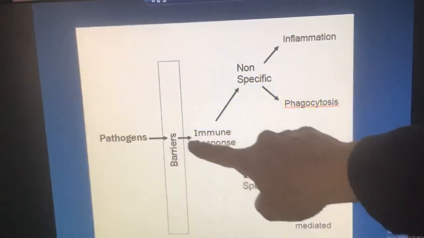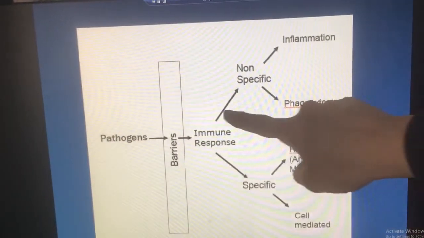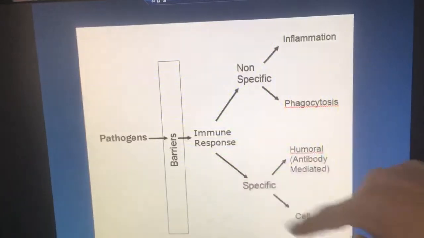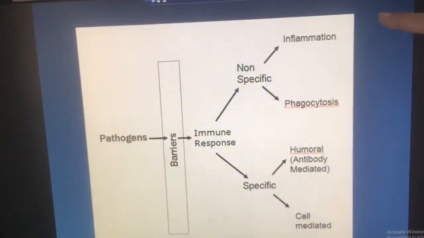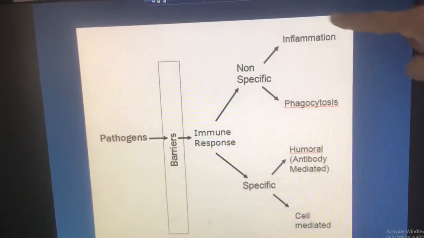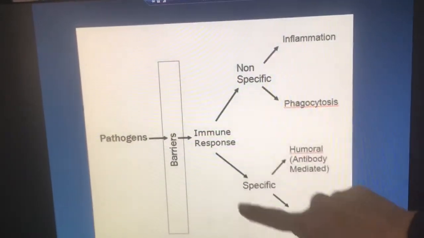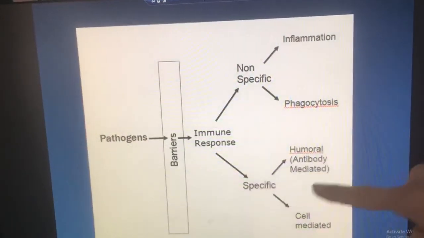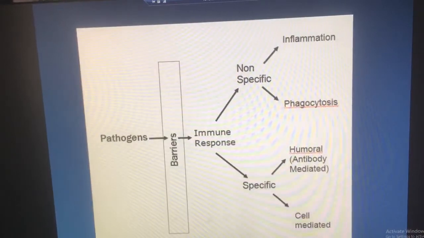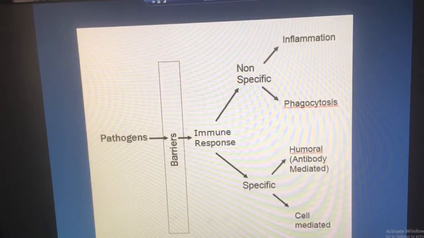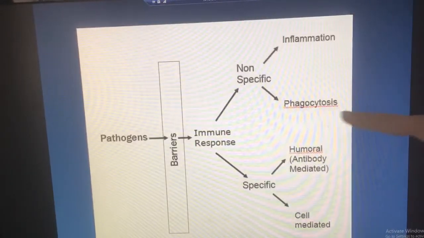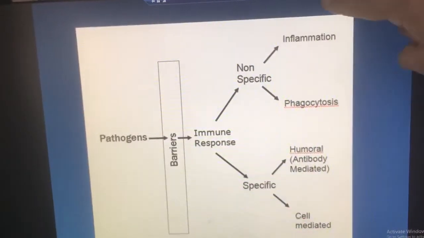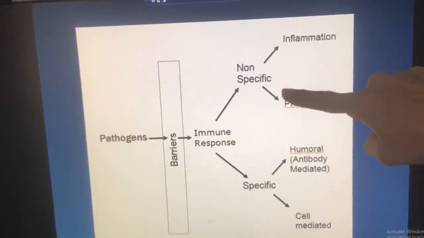If our pathogen manages to get past those barriers, then an immune response will be triggered. Now, we can divide our immune response based on whether it's a non-specific immune response or whether it's a specific immune response, and different types of white blood cell will be involved. So today we're just going to focus on these two non-specific immune responses, the response of inflammation or the response of phagocytosis.